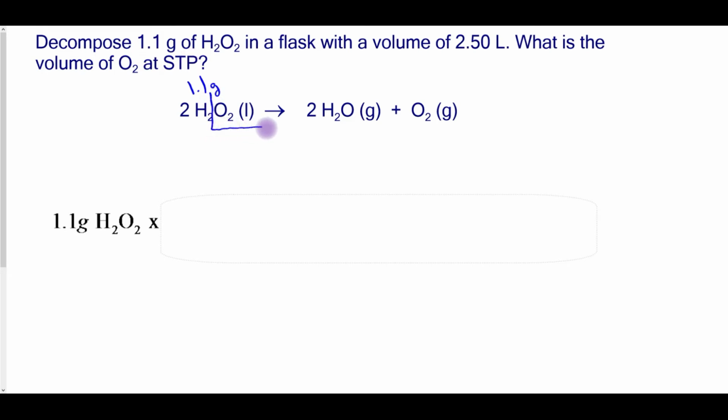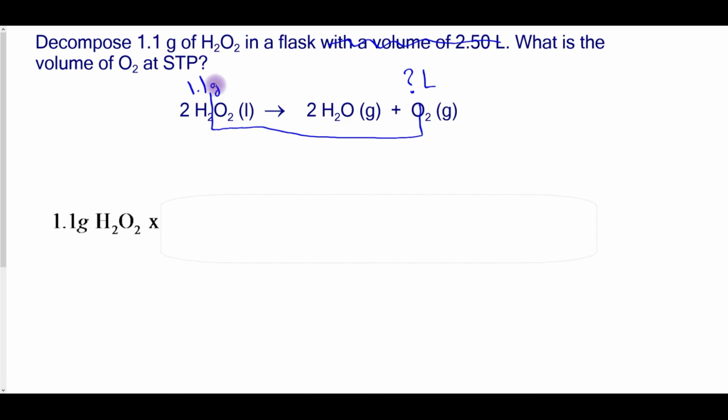That means I need to go to oxygen. I'm going to use my mole ratio, but then I need to know how many liters. It says that there's a flask with a volume of 2.5 liters. That's really extra information. I start off with 1.1 grams of hydrogen peroxide, but I need to go to oxygen, so I know that the mole ratio is going to come into play.